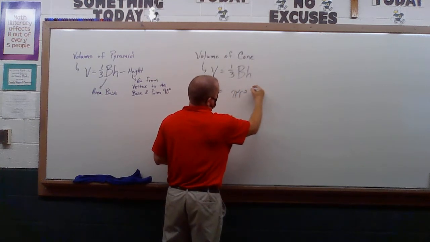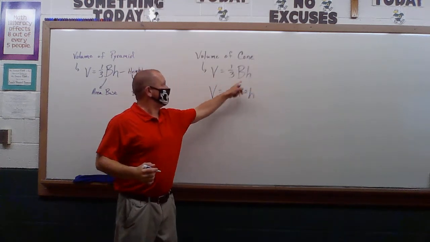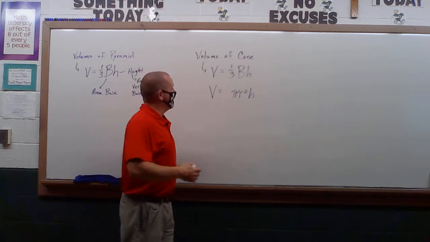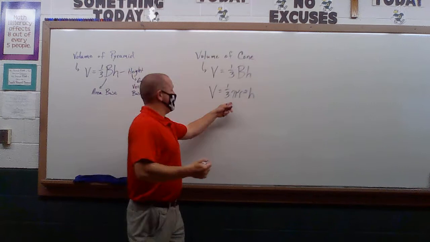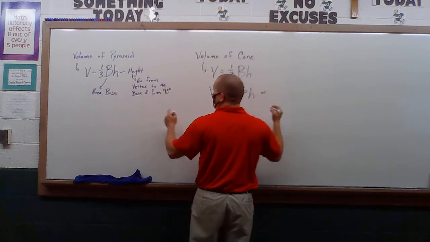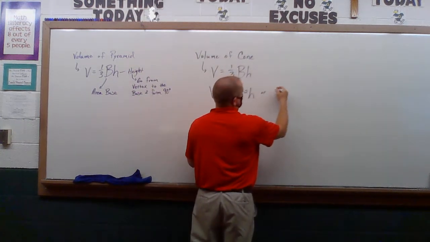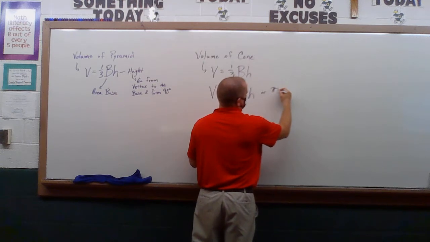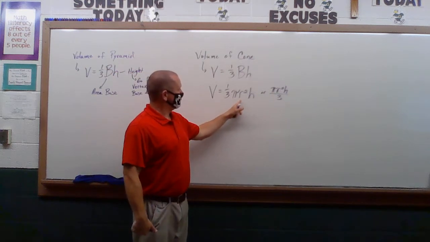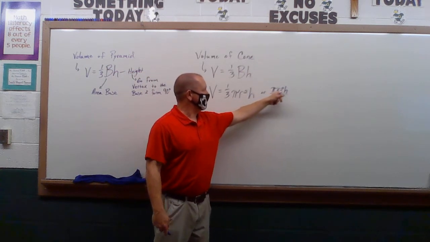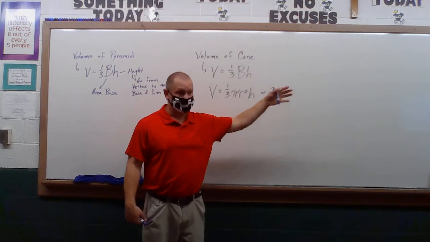Pi r squared h. So pi r squared is my base. I still have my h. And then you have that 1/3. Now again, remember, these two things are the exact same thing. It's just how you decide to write it, right? 1/3 base times height, or base times height divided by 3, is the exact same thing.